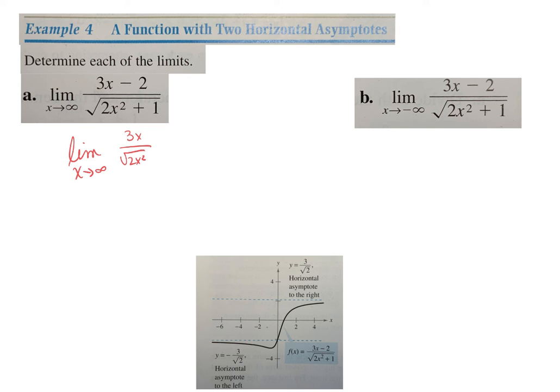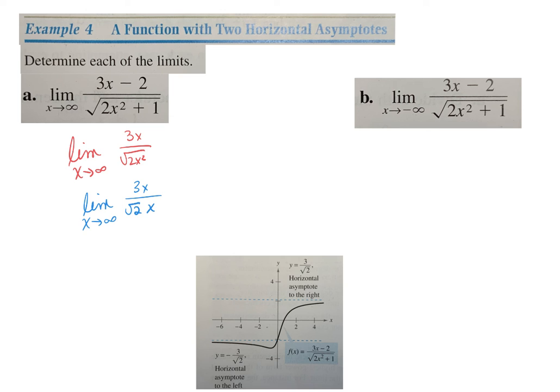I can simplify the square root of 2x squared because x squared has a root, right? And I'm talking about positive infinity, so I don't have to worry about my absolute values here. So I can actually rewrite it to be the limit as x approaches infinity of 3x over the square root of 2x.